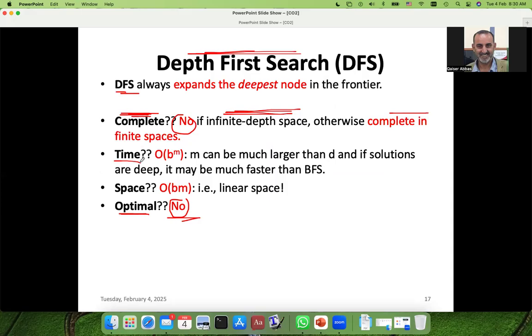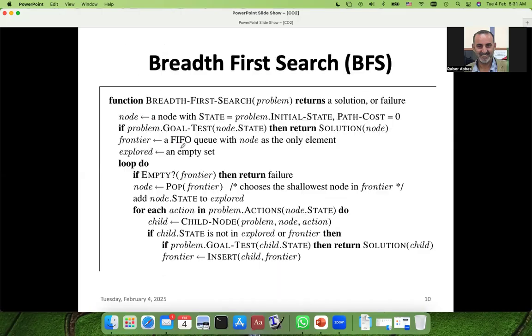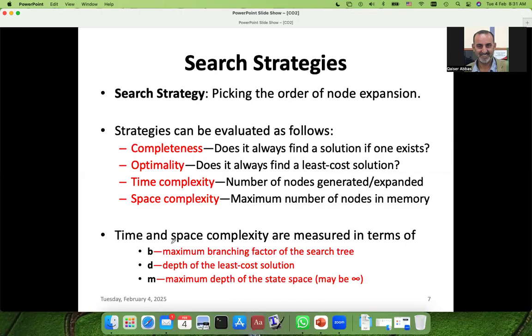Then time complexity and space complexity. DFS normally goes up to the maximum depth of the tree or the maximum depth of the state space. That's why we are not writing b raised to the power d, we are writing m. m is the maximum depth of the state space.